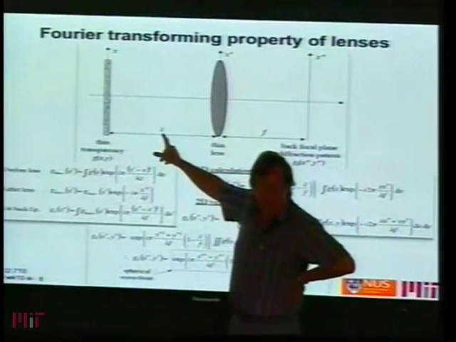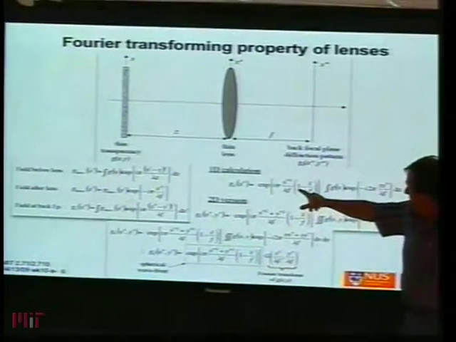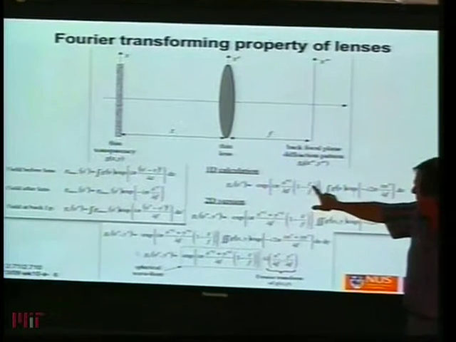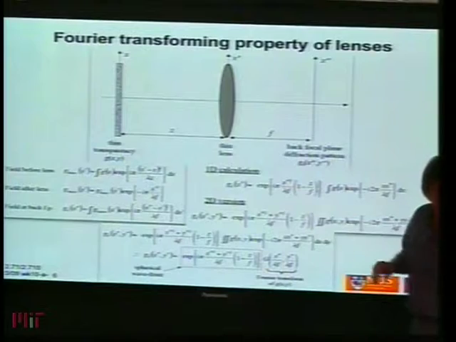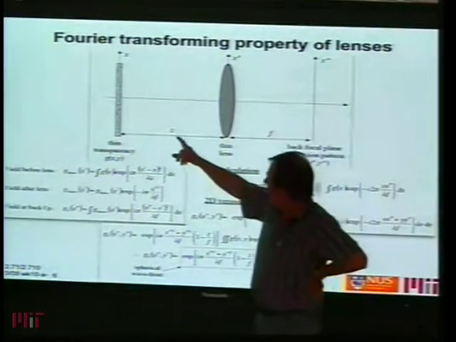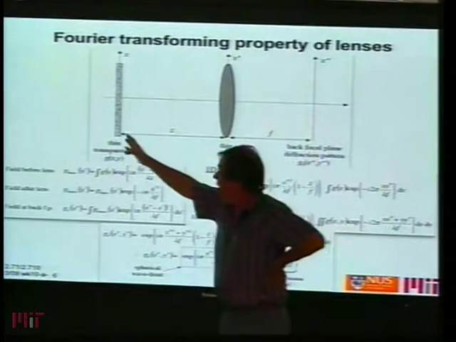What is the value of this z? You'll notice that you get this factor here, 1 minus z over f. So if z equals f, this is going to be 0, and this phase factor is going to disappear. So for the special case where z equals f, all you see here is just the Fourier transform of this.